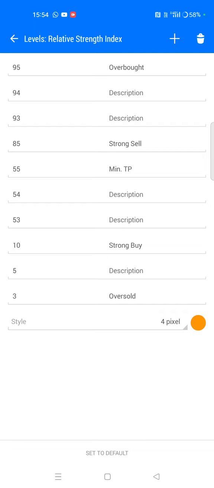Anyways, let's go to the indicators. The relative strength index levels will be 95, which is overbought, 94, then 93. A lot of other traders put 90, 80, some of them 70. I've changed it to 85.